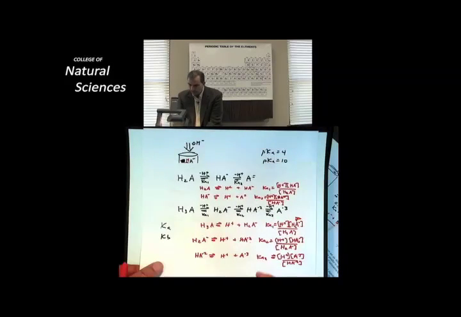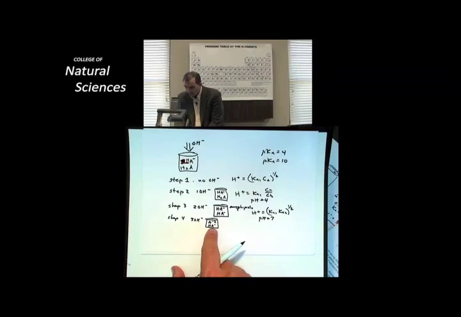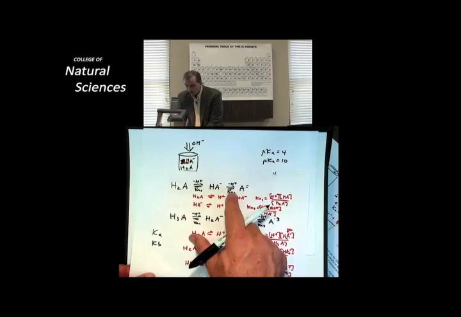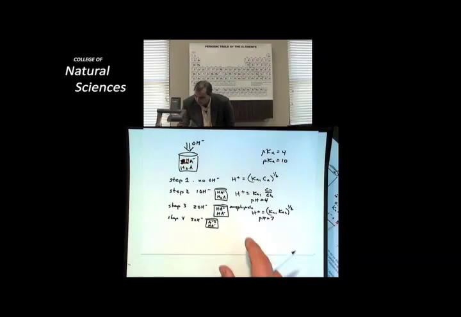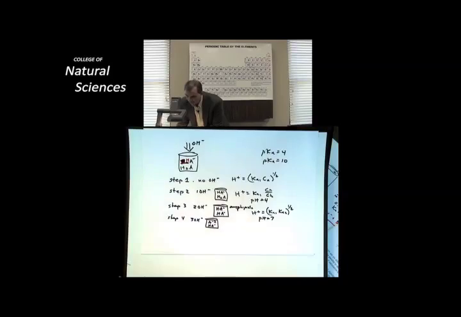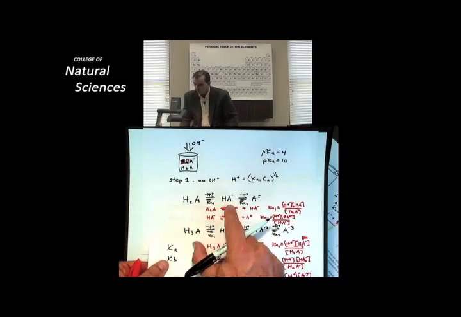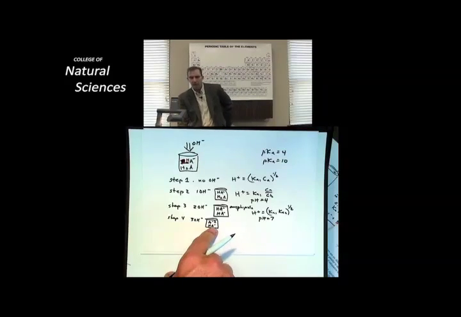There's the HA minus and the A double minus. That's the one that involves, oh look, Ka2. Notice how it's different than this one right here. This is the H2A and the HA minus, that involved the Ka1. So this one is the buffer for the Ka2. This is the second buffer region.